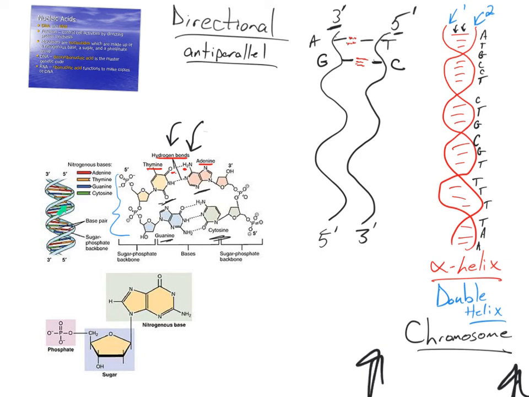We call them the rungs of the ladder, right? The rungs of a ladder are the parts where you put your feet and your hands to climb a ladder. Well, these rungs are made up by the nitrogenous bases. The sugar phosphate backbone makes the thick line that you see here in the drawing. Okay, so let's move on.